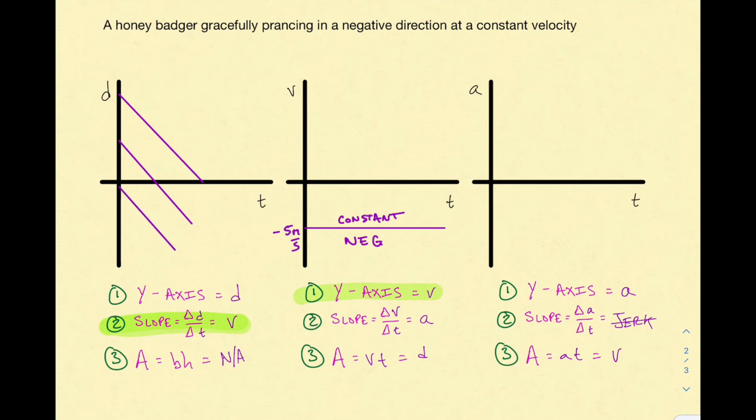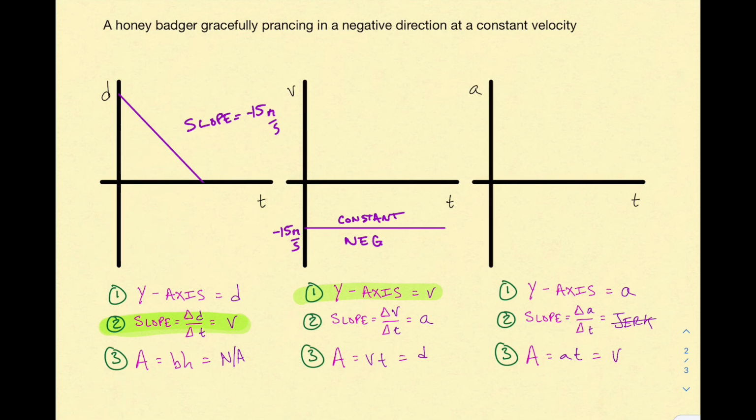Constant meaning straight, all right? And those things must match. So if your velocity is 5 meters per second, your slope has to be 5 meters per second. If it's negative 15 meters per second, it has to be negative 15 meters per second. It does not matter where you start that line. It just matters that it has the right shape. In this case, constant and negative. Other than that, we're good to go with either one of these three, so long as the shape matches.